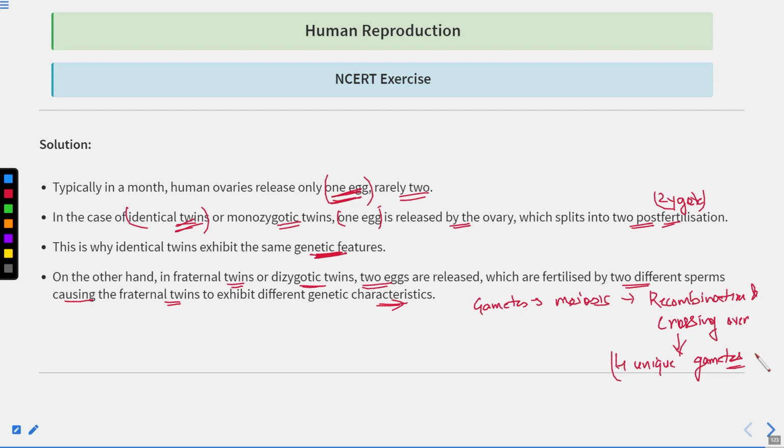Clear? After meiosis, four cells are formed, and these four cells will be unique. They will contain different genetic material. That's why two eggs are released, and these two eggs are fertilized by two different sperms, so the genetic makeup will be different. There will not be a huge difference, but there will be a difference between fraternal twins because they are produced by the fertilization of two different eggs by two different sperms.